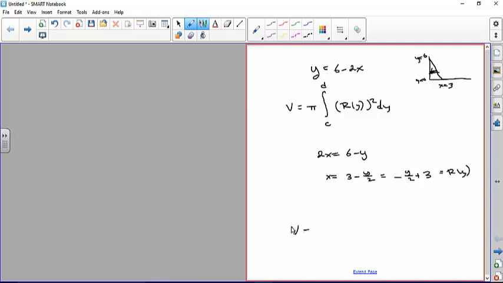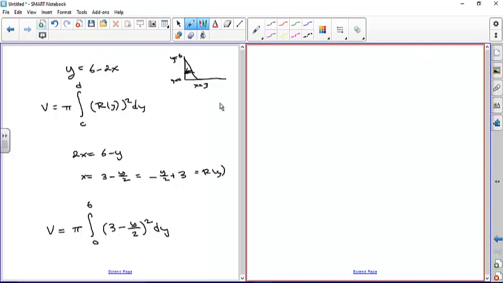So now we just plug it in. So we get the volume is equal to pi times the integral from y equals 0 to y equals 6. And I'm going to use this form, 3 minus y over 2 squared dy. So first thing we have to do is multiply out this expression.